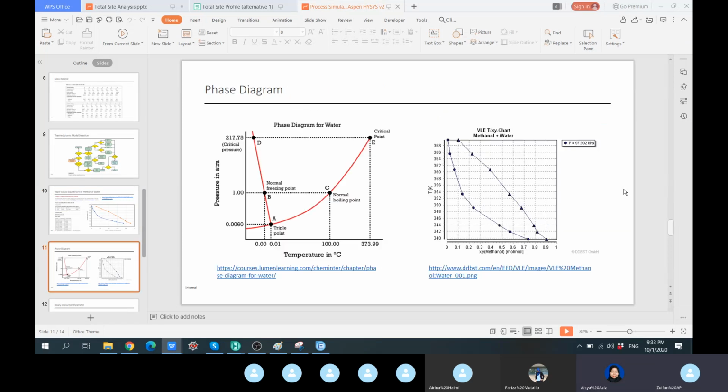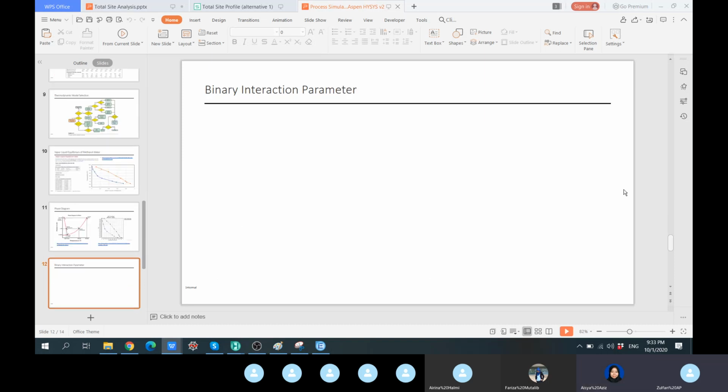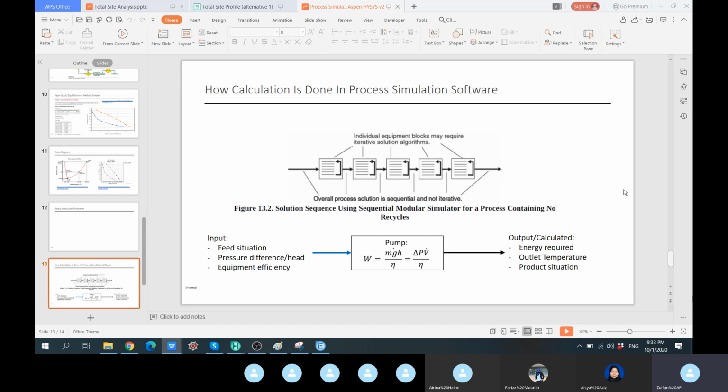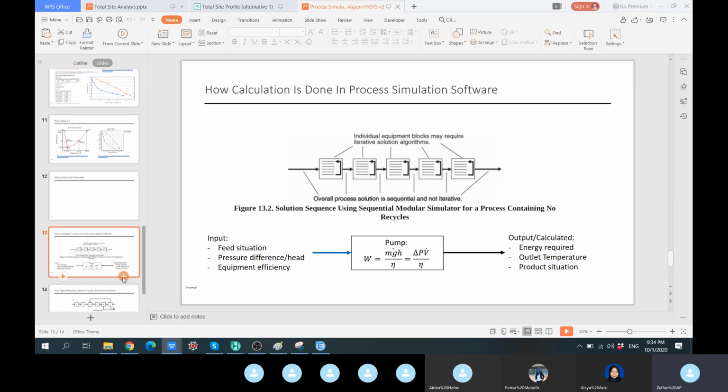If you don't have any questions, I assume that you understand completely. So now, how is calculation done in process simulation software? Typically, simulation software like HYSYS, Symmetry or Aspen Plus work with what they call sequential modular calculation.